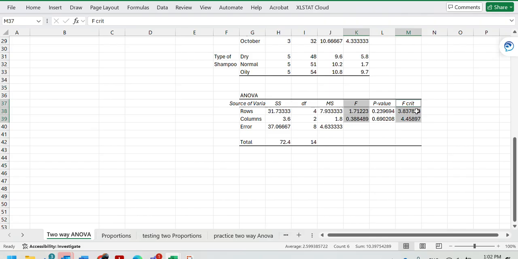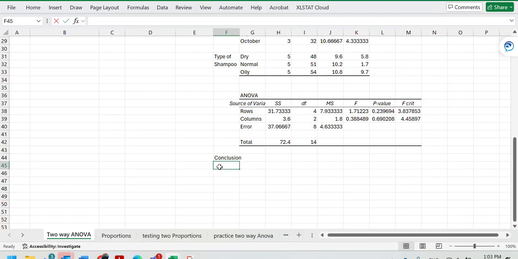So we accept the null in this case. Look at the columns. The columns also say the calculated is less than the critical, which means that is also accepted. Now, how do we write our understanding or conclusion here? That's our last step.